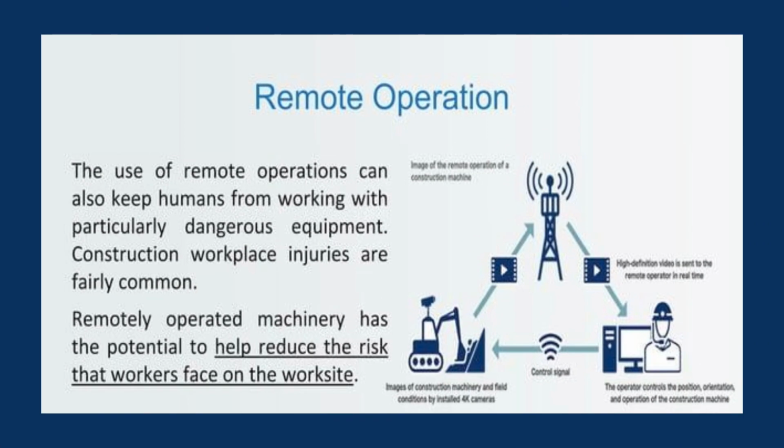Remote operation: the use of remote operations can also keep humans from working on particularly dangerous equipment. Construction workplace injuries are fairly common. Remotely operated machinery has the potential to help reduce the risk that workers face on the work site.